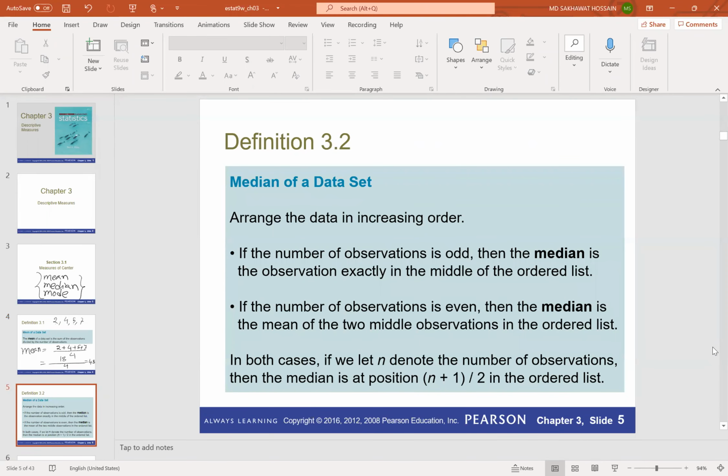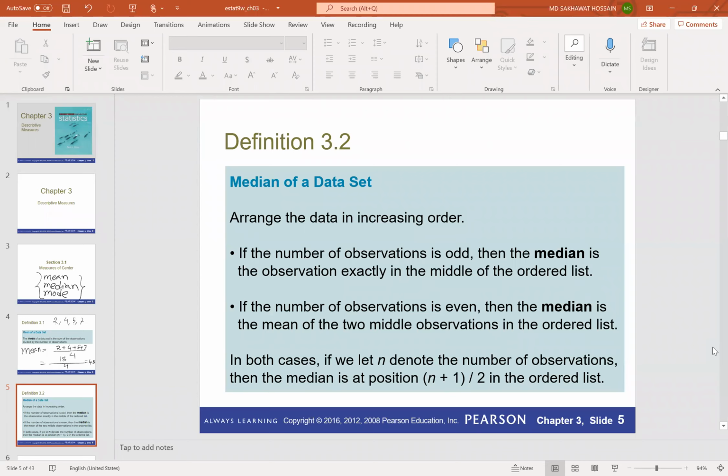Now we'll discuss the median of a data set. This is also a measure of center of the data set. The median is the actual middle value of the data set. The mean is the average of the data set and the median is the middle value. To find the median, first you need to arrange the data in increasing order.